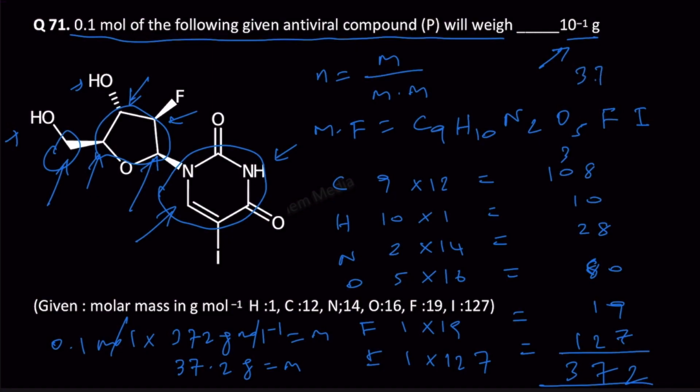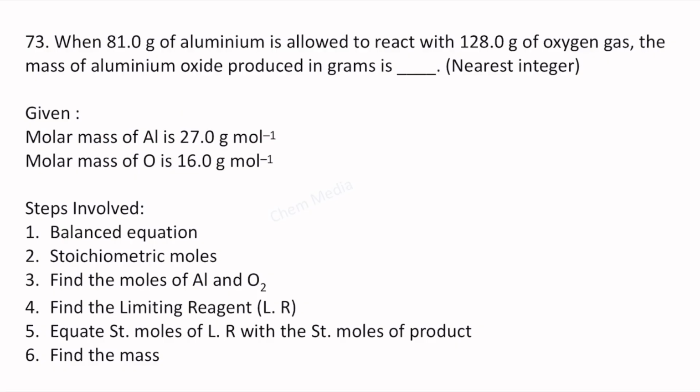So, therefore, 372 times 10 to the power minus 1 gram. So, therefore, 372 is the correct answer here, not 37.2. We have to write it as 372 times 10 to the power minus 1 gram. That would become 37.2.